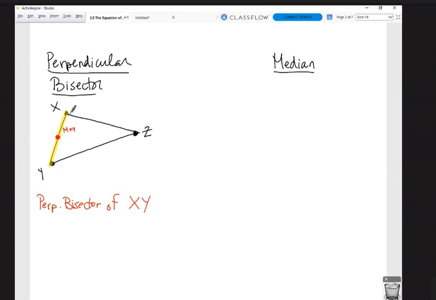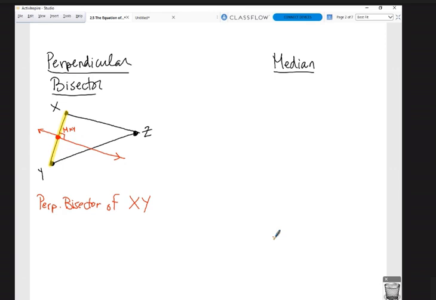So whatever the slope of XY is, the slope of the perpendicular bisector has got to be the negative reciprocal. Because folks, once you have the point and the slope, you can get the equation of the line. You agree? No problem. Once we have the point and the slope, that's the easier one of the two. Any questions about perpendicular bisector?